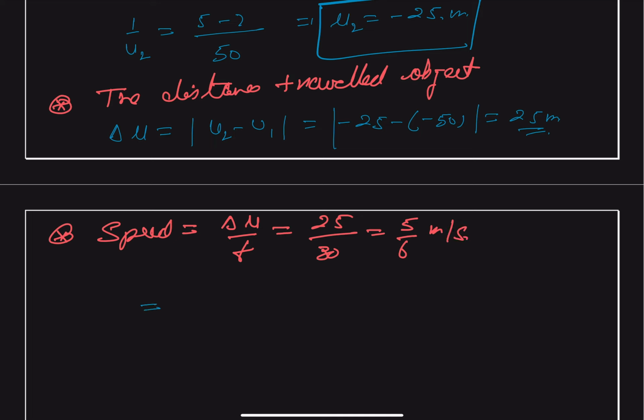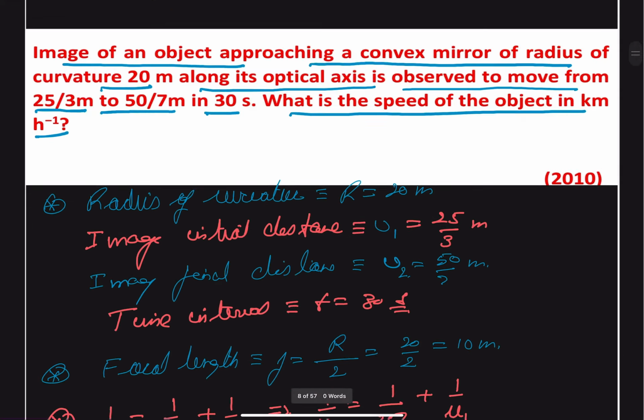So this comes as 5.6 multiplied by 18 upon 5 kilometer per hour, which gives us, 5 goes with 5 and this goes by 3, coming as 3 kilometer per hour. Okay. The speed was 3 kilometer per hour. That was supposed to find out. So next question.